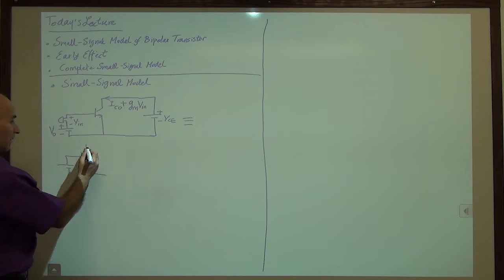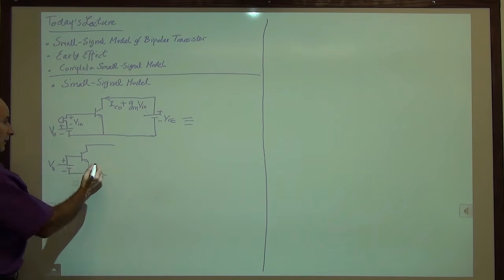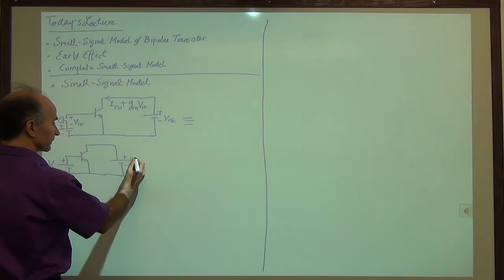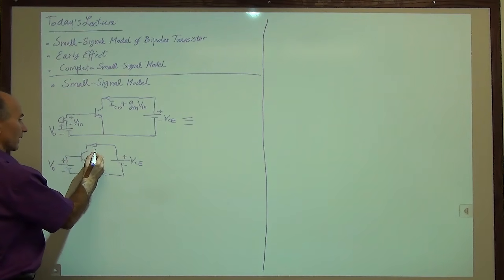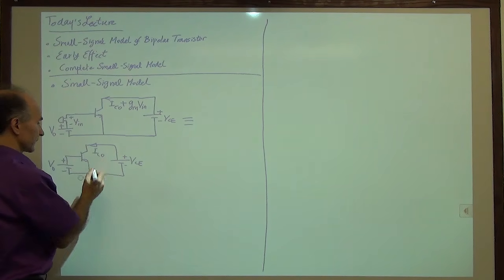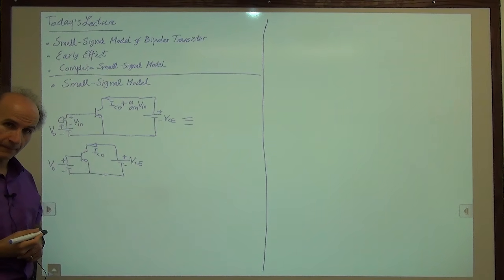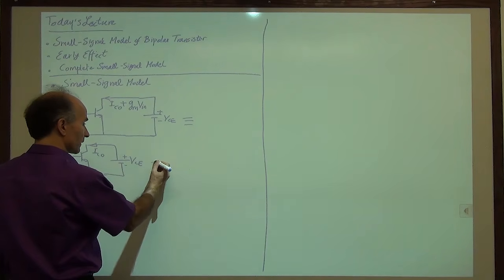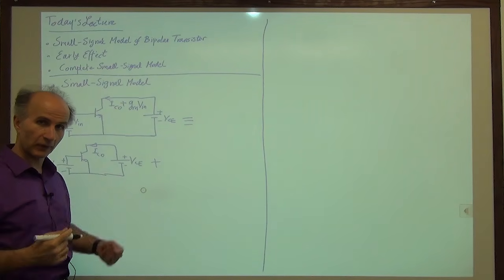It has only bias values in it, V0 and VCE, and a current which is equal to IC0. That's it. A circuit with no signal, just biases. And then another circuit, in a sense we are adding these two circuits, although this is sort of a funny addition. You cannot really add two circuits, but you know what I mean.